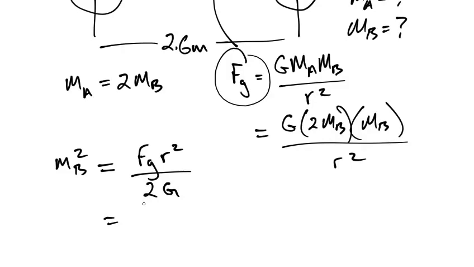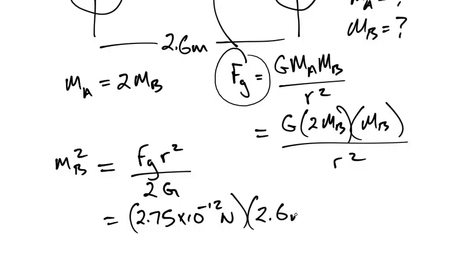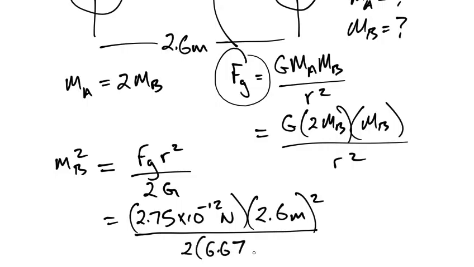to the negative 12, multiplied by the radius, 2.6. By the way, make sure that's center to center. Divided by 2 times 6.67 10 to the negative 11.